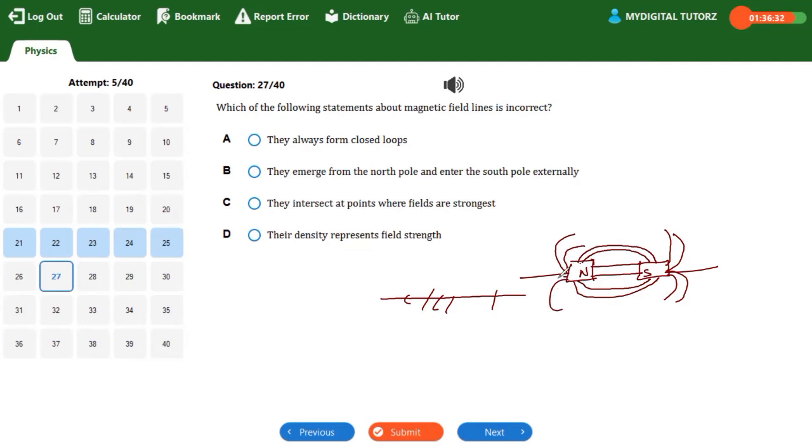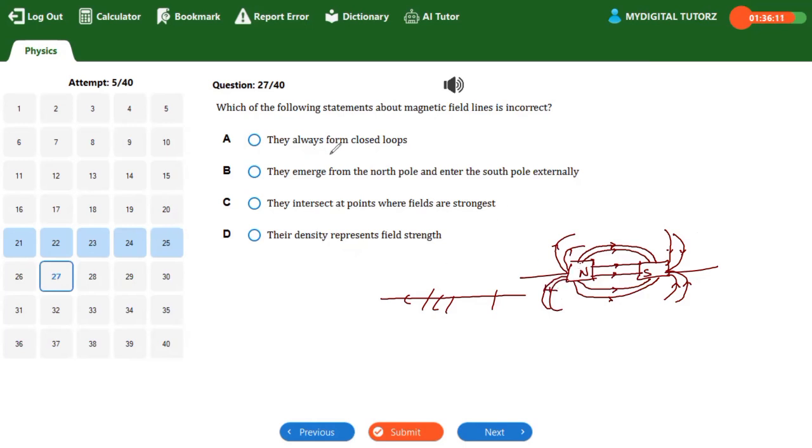Just draw it anyhow. It always emanates from the north and enters through the south. So here's your magnetic line of force.